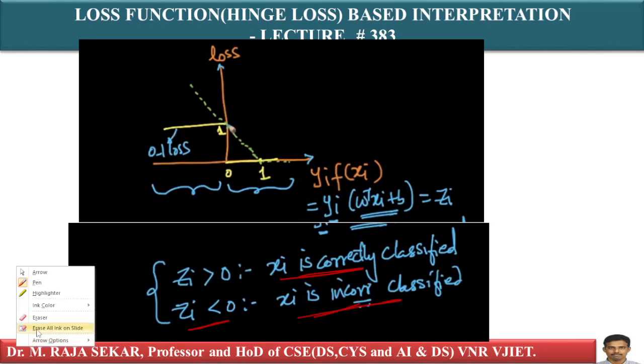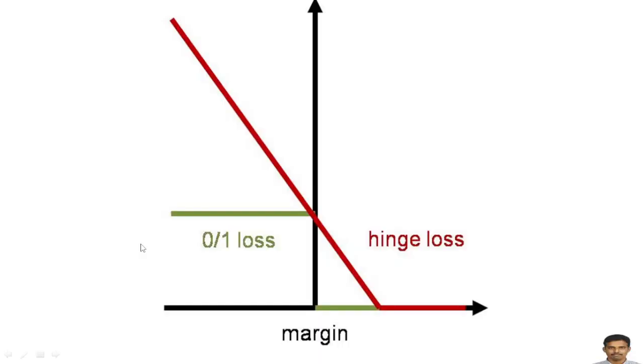Let me recall what the 0-1 loss is. In 0-1 loss, you give a loss of 1 when the point is incorrectly classified, and a loss of 0 when the point is correctly classified.